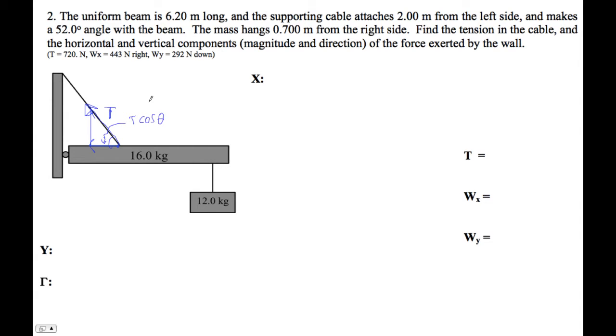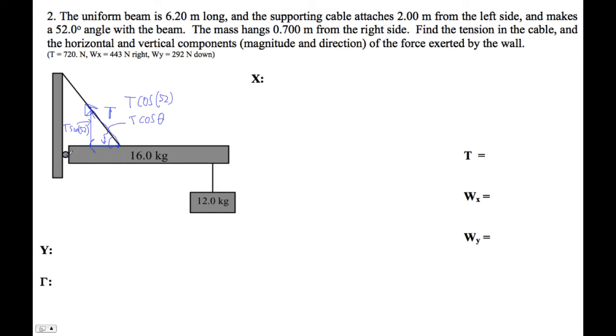And theta is 52 degrees, so that's T cos 52, and it's to the left. Notice that, okay? It's pulling that part of it, right? And then this is T sine 52. That's what this guy is here, okay? So basically we want to break that guy into components.